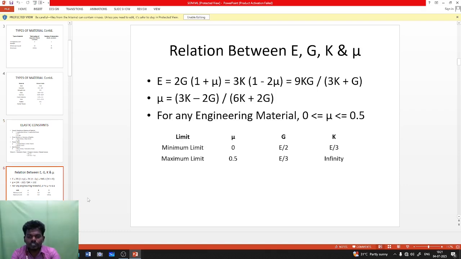For any engineering material, the Poisson ratio mu is within 0 to 0.5. At the minimum limit of 0, the bulk modulus and shear modulus are E by 2 and E by 3, and at the maximum limit of 0.5, it is E by 3 or infinity.